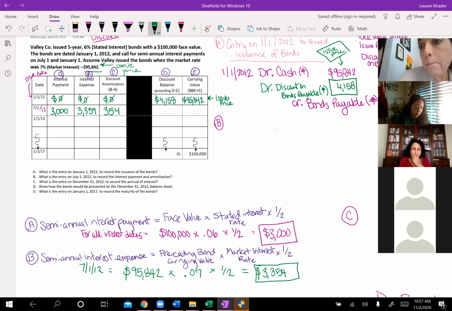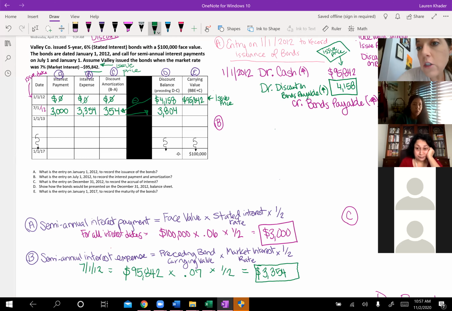Our discount balance is going to be reduced by the amount of amortization that we take, because slowly but surely this discount balance is going to creep towards 0, because at maturity, there won't be any balance. So what is our new discount balance? 3,804.